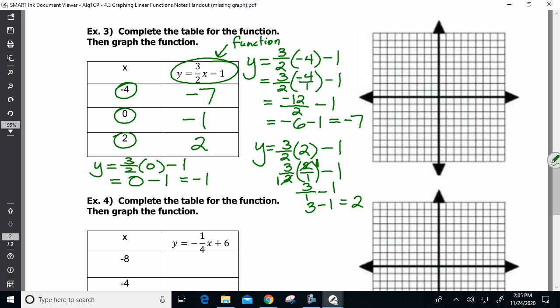So we've got our table. Now we can plot our points. So the first row gives us -4, -7. Go to the left 4 and go down 1, 2, 3, 4, 5, 6, 7. Second row is 0, -1.